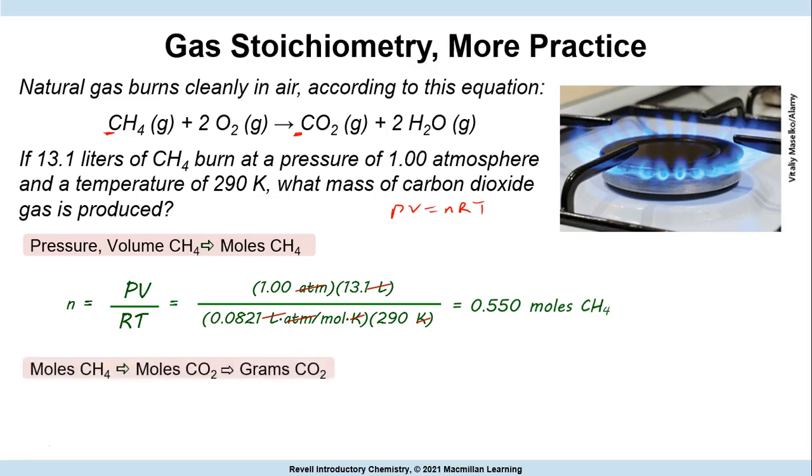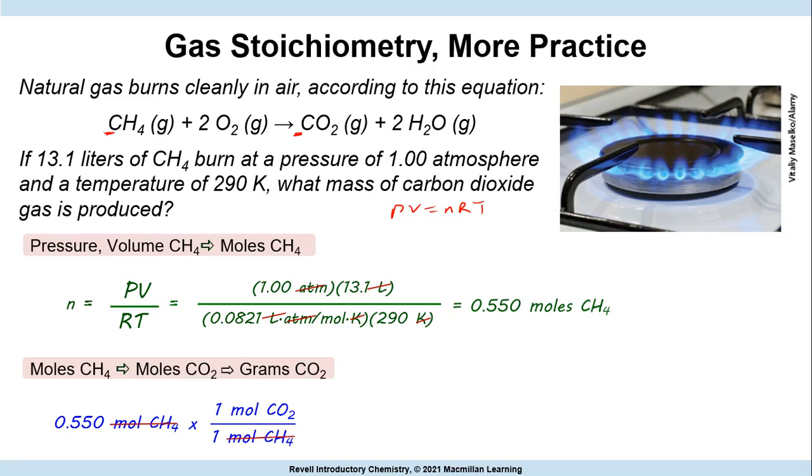Now, converting from moles of methane to moles of carbon dioxide, then to grams of carbon dioxide. So we have 0.55 moles of methane. We are now going to use the conversion factor from the balanced equation. So 1 mole of methane gives 1 mole of carbon dioxide. So we see that the methane cancels out, and we are now left with moles of carbon dioxide.